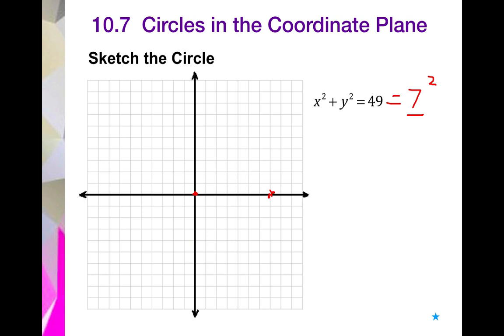I count 7 going up, 1, 2, 3, 4, 5, 6, 7, 7 in the negative x direction, 1, 2, 3, 4, 5, 6, 7, and then 7 going down, 1, 2, 3, 4, 5, 6, 7. So those are my points, and I will just sketch a circle.